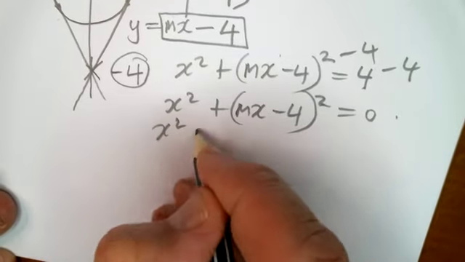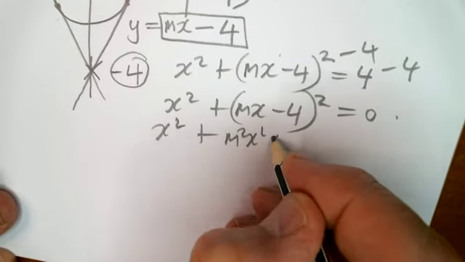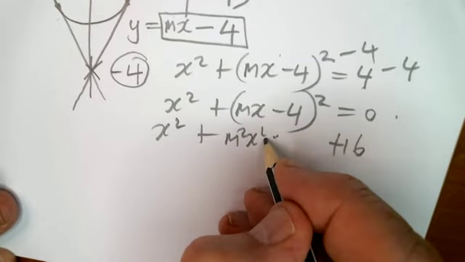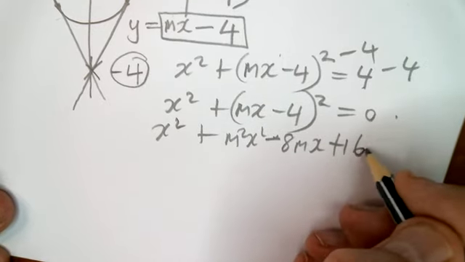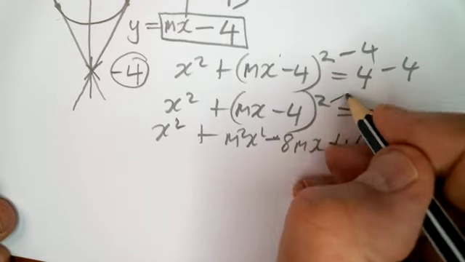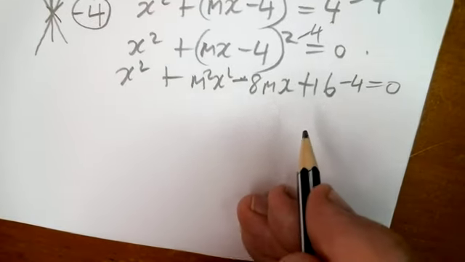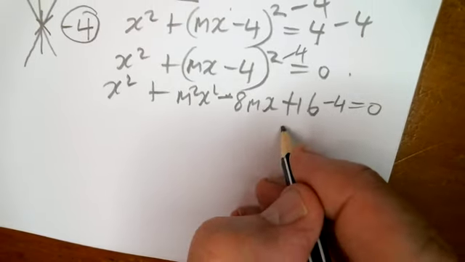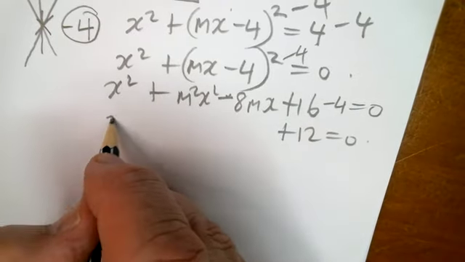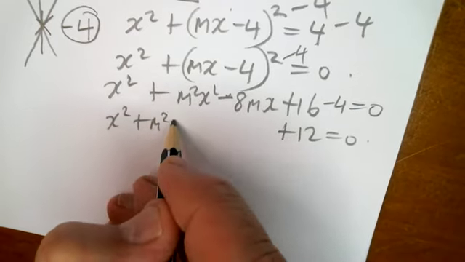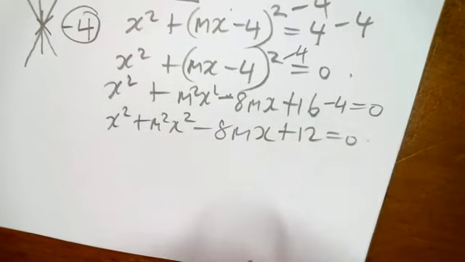We've got x squared plus m squared x squared plus 16 minus 8mx. And I've got a minus 4 here. 16 minus 4 is going to be plus 12. And I've got x squared plus m squared x squared minus 8mx plus 12 is 0.